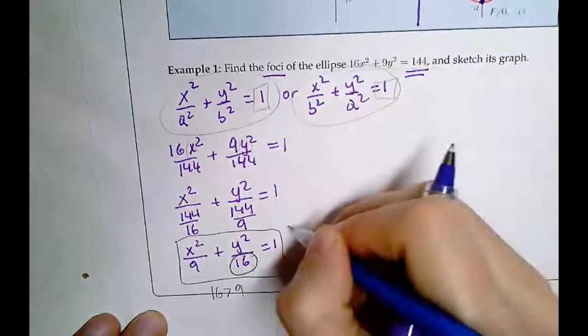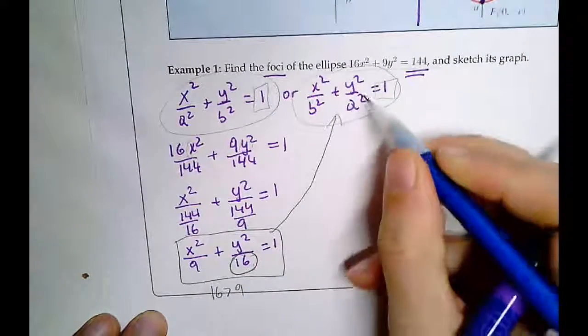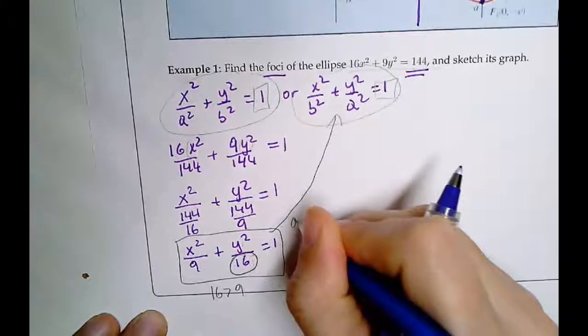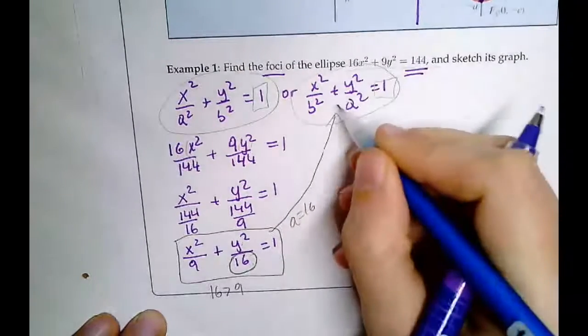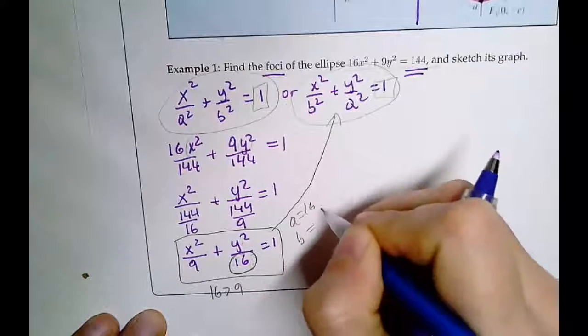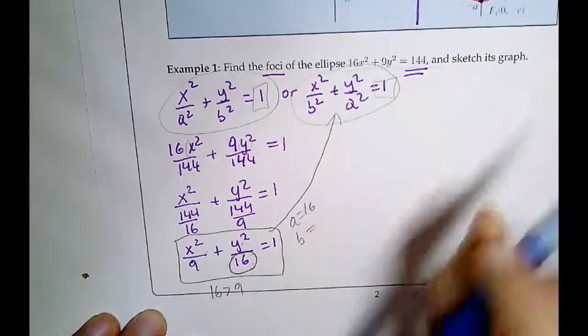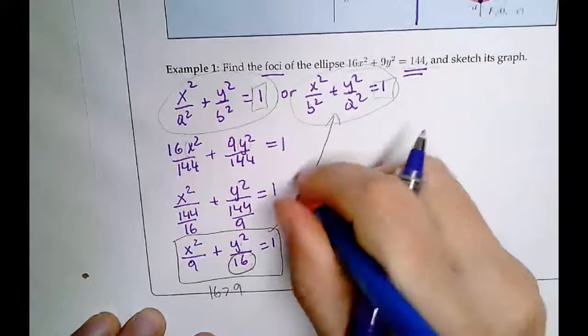And we are in this case. The greater denominator is with the y. So a is 16, and then b is... actually a is not 16 but 4.